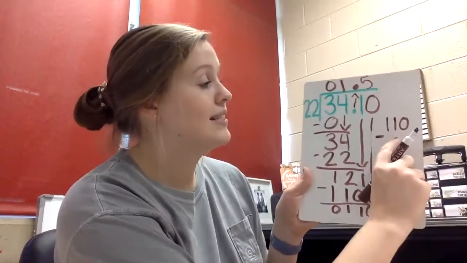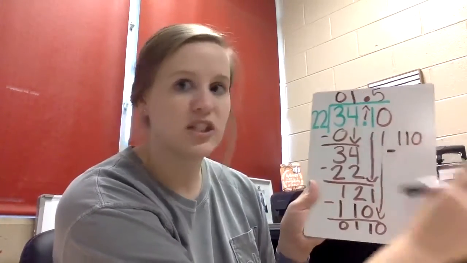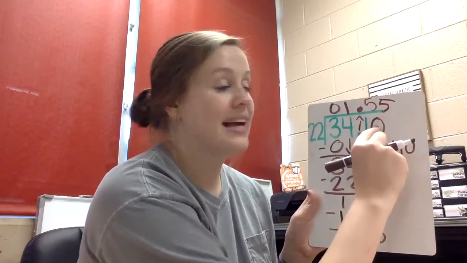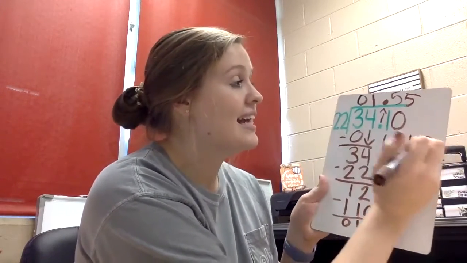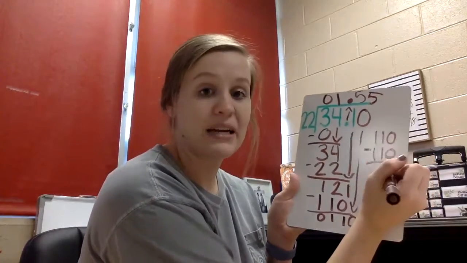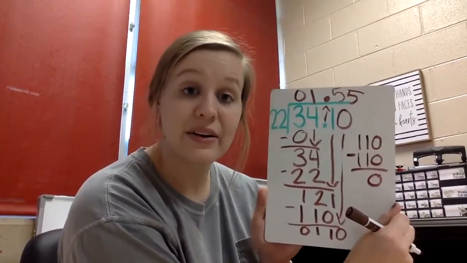So we have 110, and didn't we just figure out that 110 divided by 22 is 5? We did. So 110 divided by 22 is 5, and it goes right above that 0 that we just added. And we say 5 times 22 is 110. We subtract, and 110 minus 110 is 0. Now we have a remainder of 0.